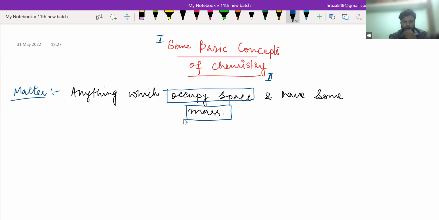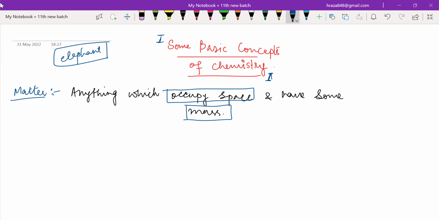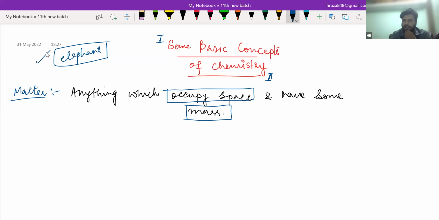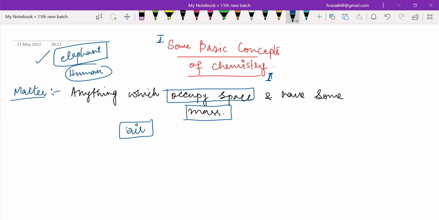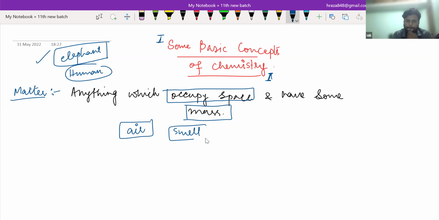Can you call an elephant a matter? Yes, an elephant is matter because it occupies space and has some mass. Human beings are matter. Can anyone tell me whether air is matter or not?